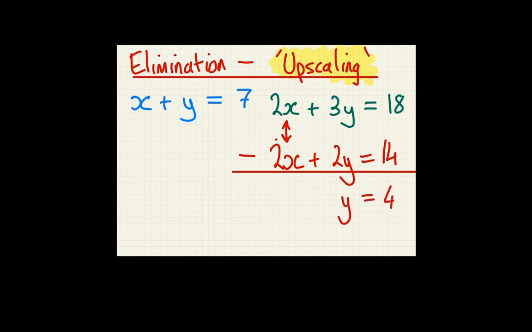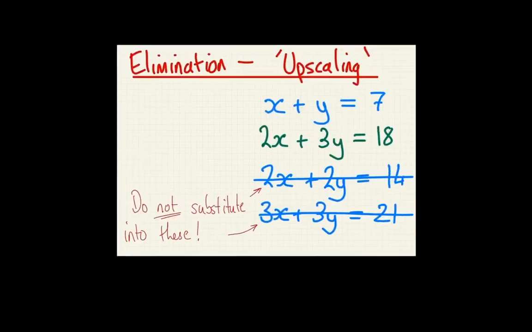Once you've got one of the values, we can then do some substitution. Now note that we cannot substitute into the new equations we made. This is because of a couple of reasons. First of all, they're not the ones in the question. Second of all, if you make a mistake when you're doing that very first step and you substitute into it, you won't notice your mistake. So again, we just put y equals 4 into either of these two equations.